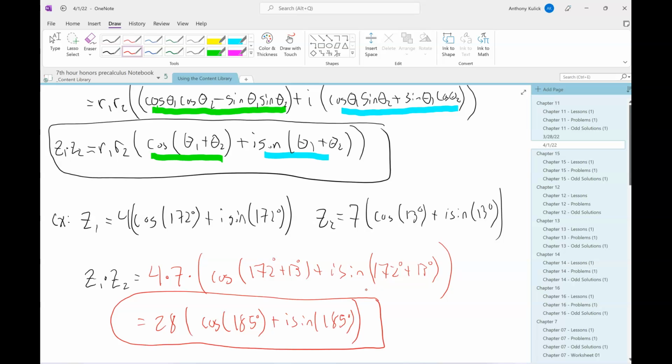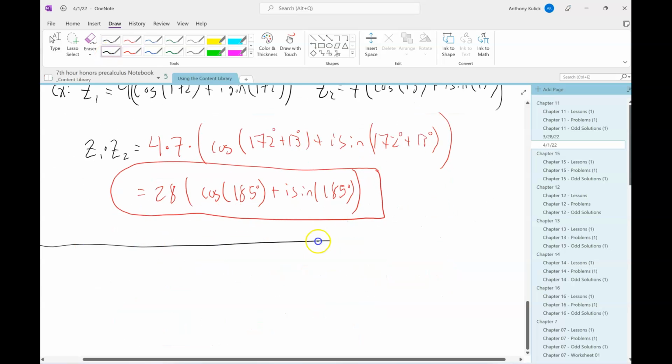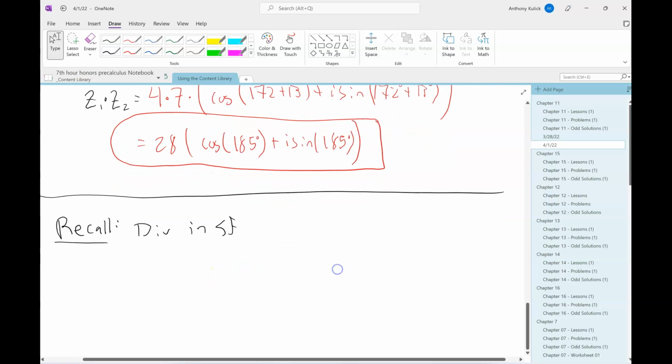Feel okay? All right. Let's go back to last year again, and we'll do division of complex numbers in standard form.